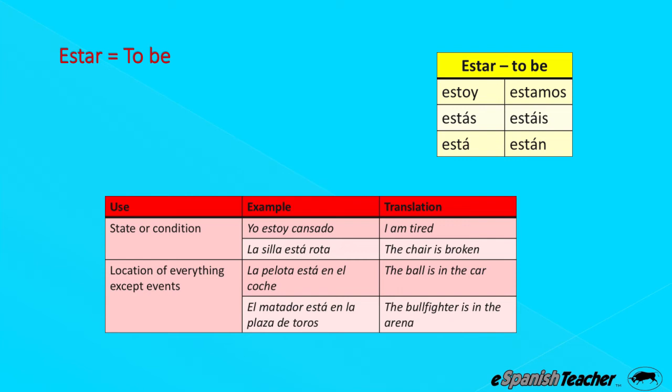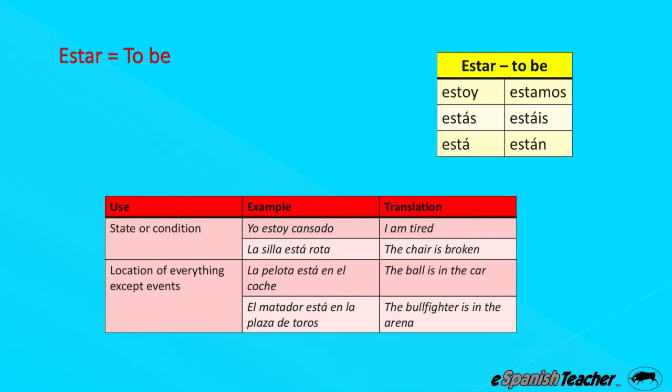So yo estoy cansado. Next, la silla está rota. The chair is broken. Say that with me. La silla está rota. The chair is broken. Okay, this is the state or condition of something.